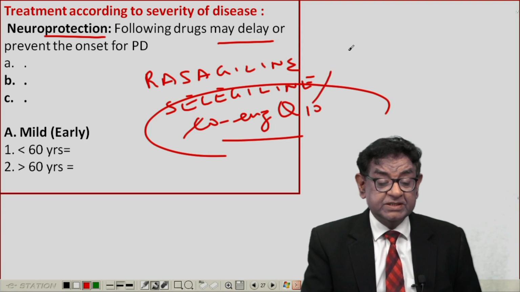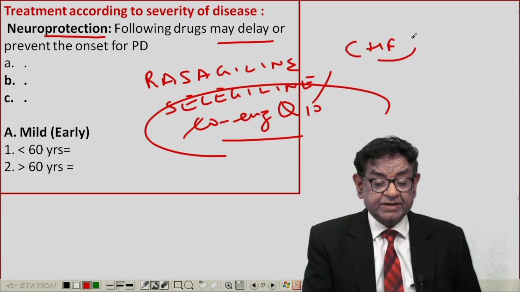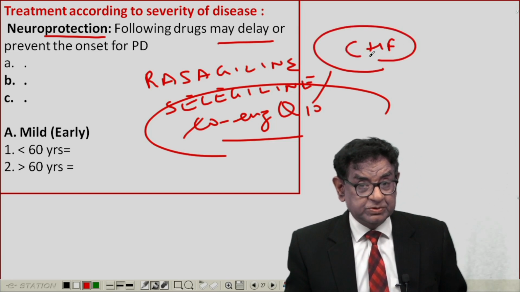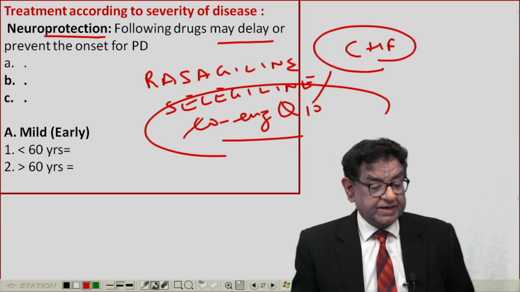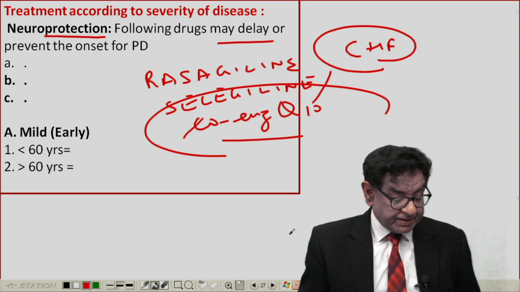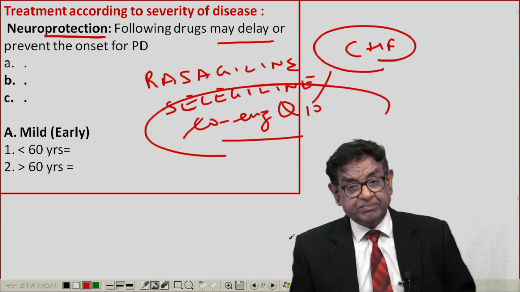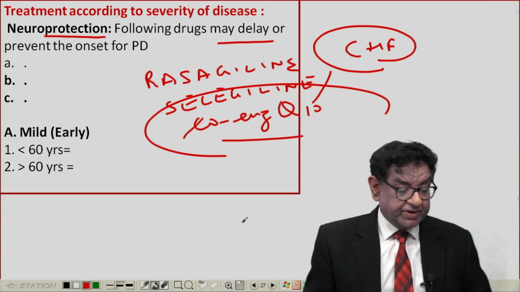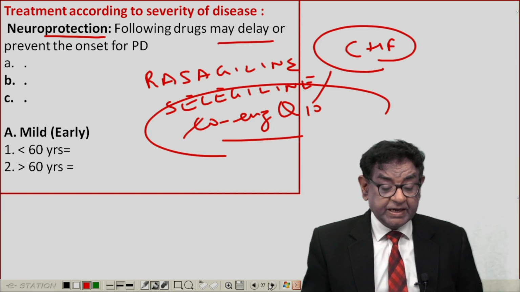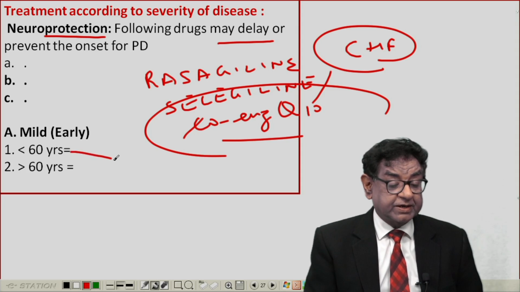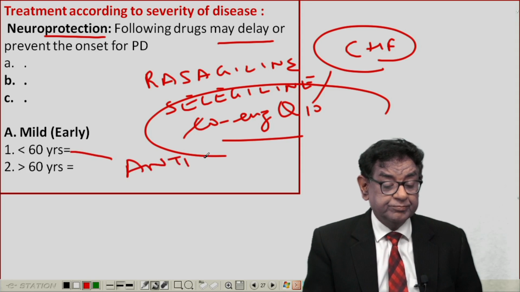The answer is congestive heart failure. There also we use it to have a better outcome. So this is for neuroprotection in the early stage. Otherwise, if the patient comes in a very early stage of Parkinsonism, then what we give below the age of 60 years is an anticholinergic drug.